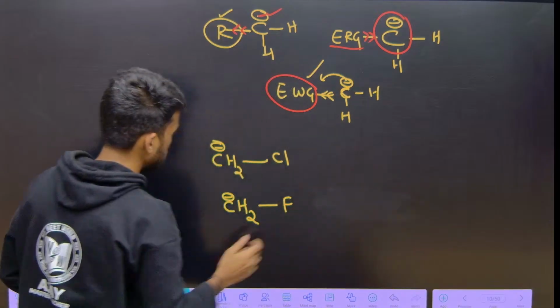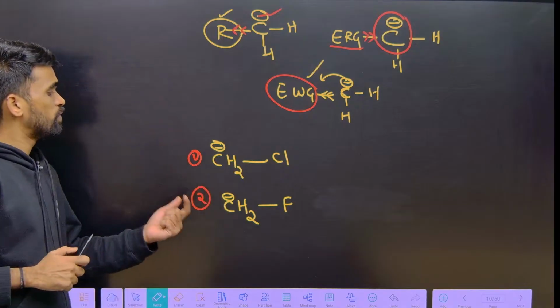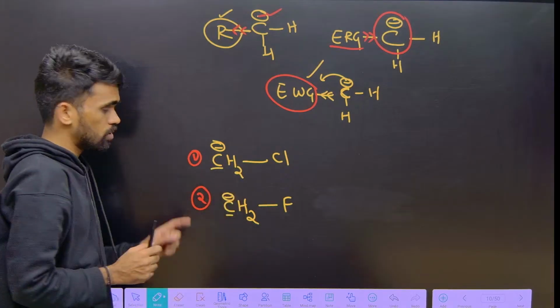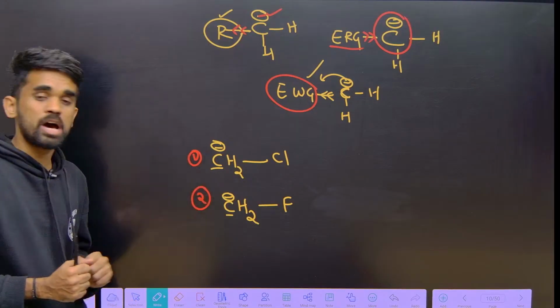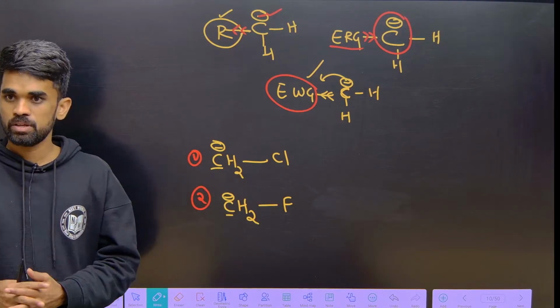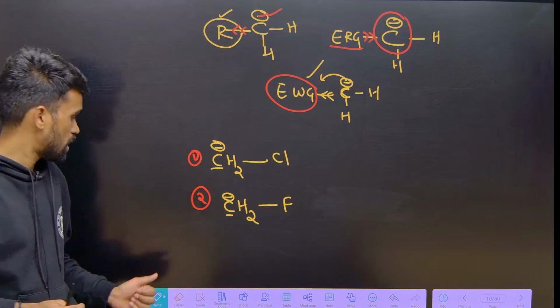Just consider these two examples, that is more than enough for now. We know both have a negative charge, carbon anions. Now out of these two carbon anions, which is more stable, 1 or 2? How can we say 1 or 2?